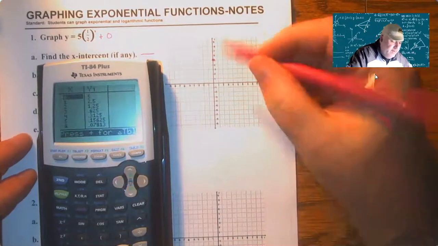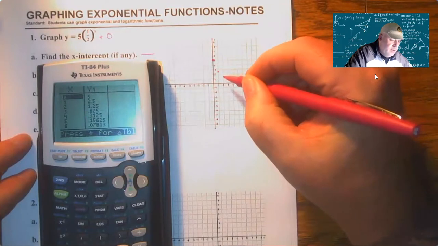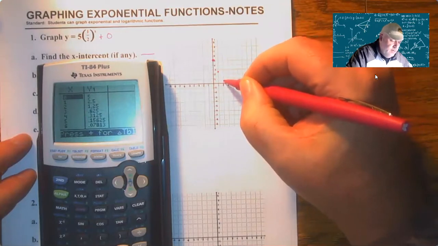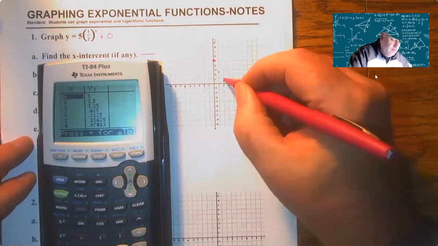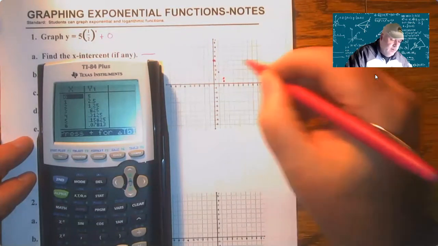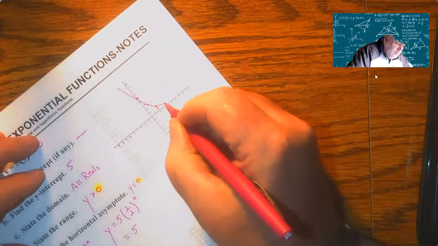So 0, 5, 1, 2.5, and then you're just going to make it get really close to 1.25, really close to the horizontal asymptote very quick. Oops, I'm a little tired today, so I'm messing up the simple stuff. Just give me a graph that is pretty close.